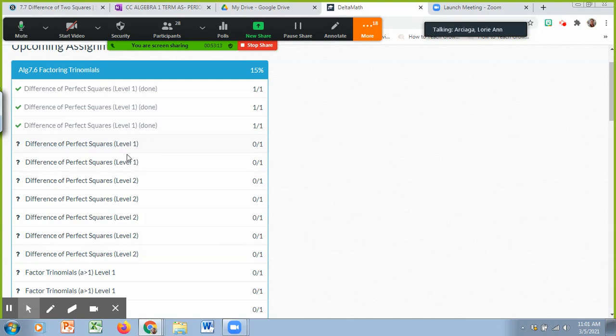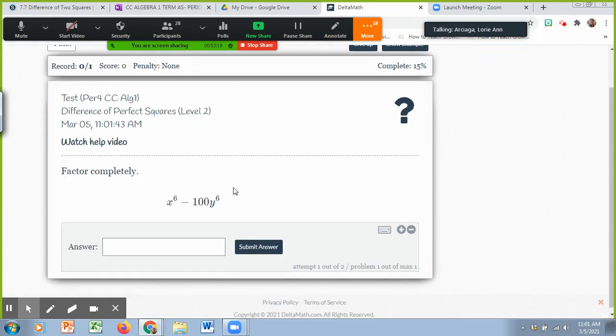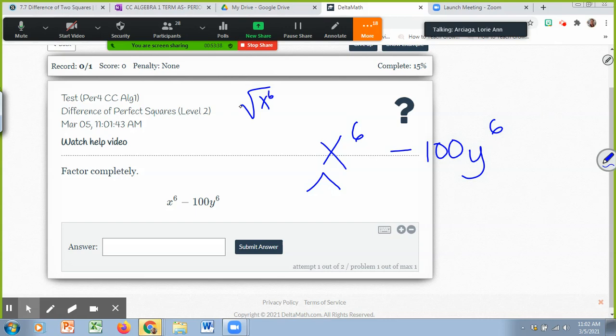Okay, I left some level 1s for you to do. I'm going to jump to level 2. Okay, so look at level 2 right here. Ooh, look at that. The exponents now are bigger, right? So how are we going to do that? Okay, so if you get the square root of x to the 6, it's like you're dividing the 6 by 2, yeah?